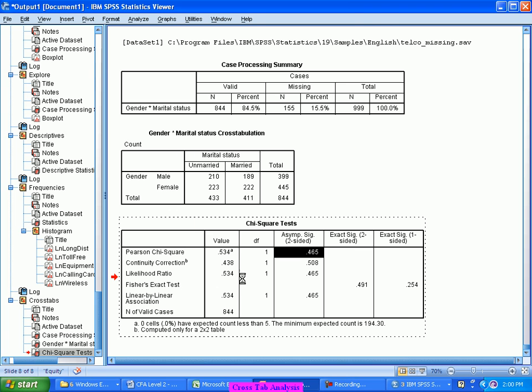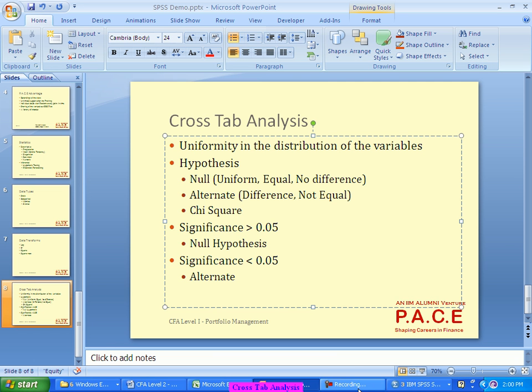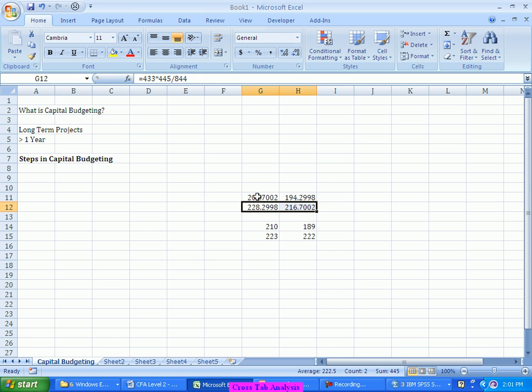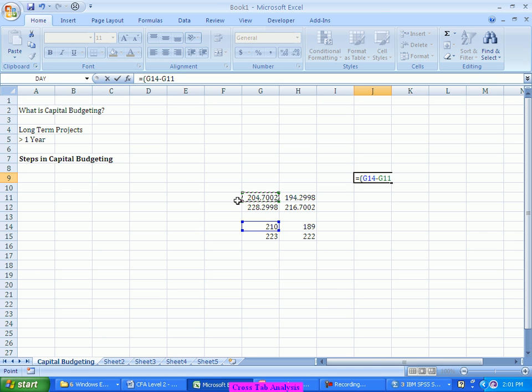The actual calculation typically goes, again, as I said, this is the expected, this is the actual. So the way the calculation goes is observed minus expected, whole squared, divided by the expected.